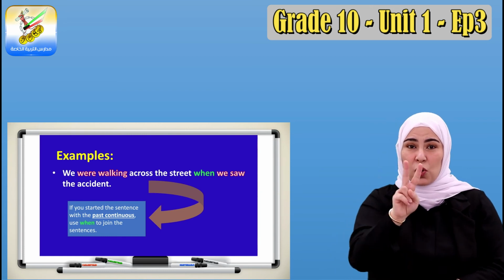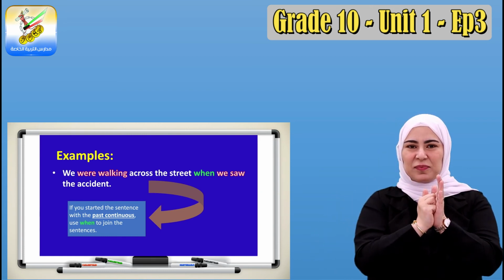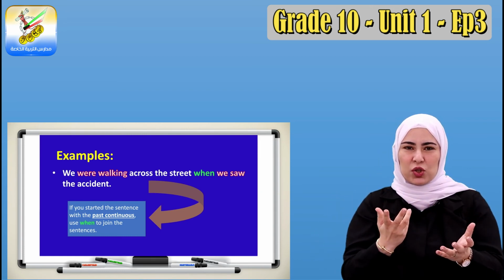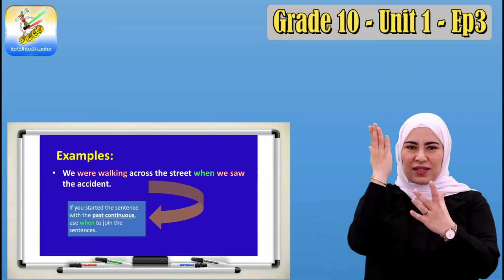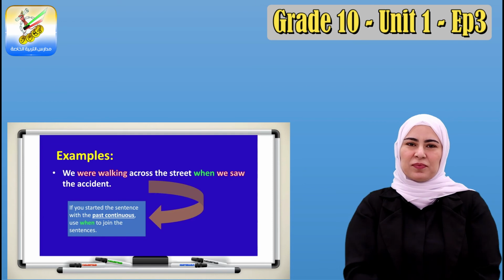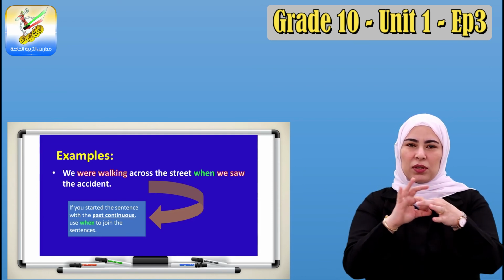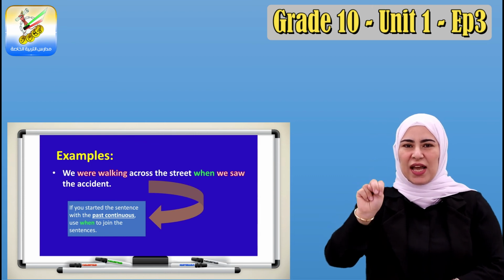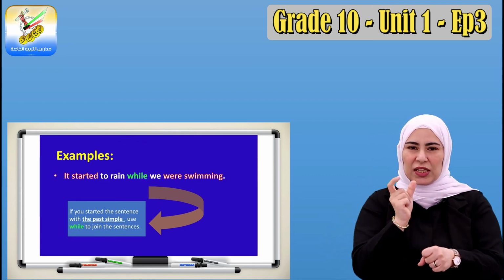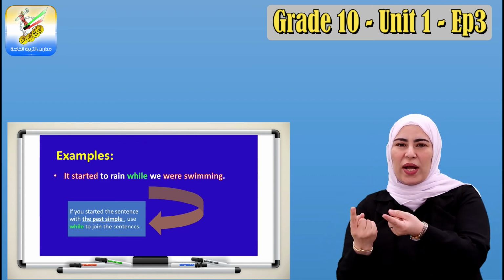So here, when I was walking across the street, we saw an accident. Two events, both in the past, and one interrupted the other. The connection between the two sentences is the word when. And we can also use while. It started to rain while we were swimming.